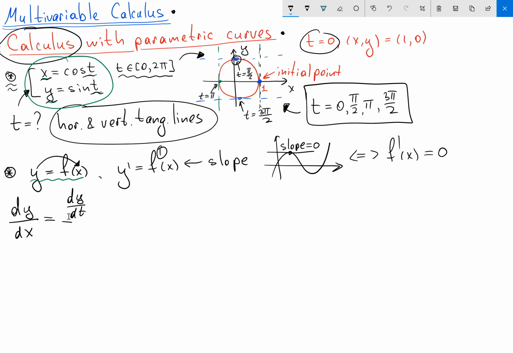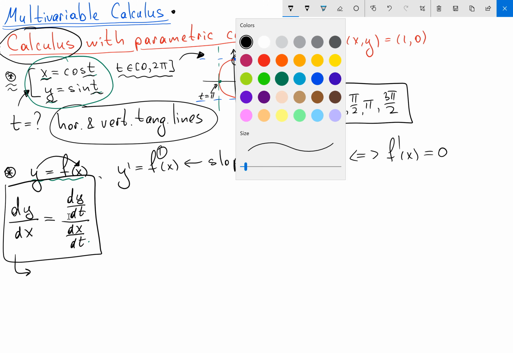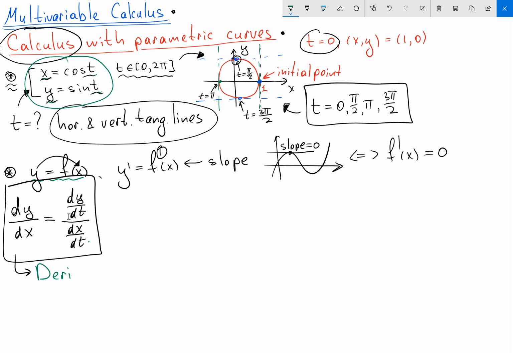So we have dy over dt and dx over dt. We can see right now in this formula that y depends on t and x depends on t, so I can find the derivative of function x and function y with respect to t. And this is exactly going to be the formula for finding the slope for parametric equations, or in other words, the derivative of parametric equations.